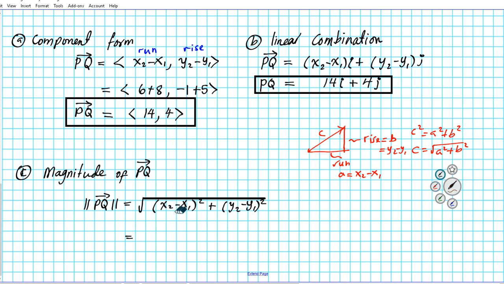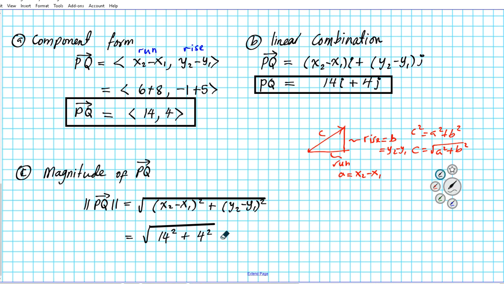We already know what our run is. Our run is 14, so we square that: 14 squared plus, we know our rise is 4, so we square that, and we take the square root of the sum of the squares. That will give us the magnitude of the vector.